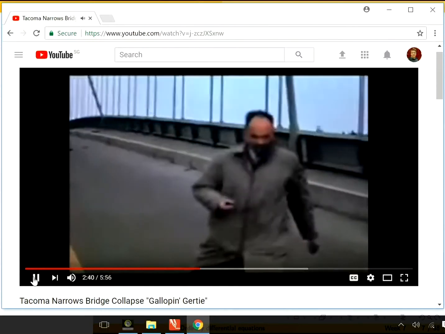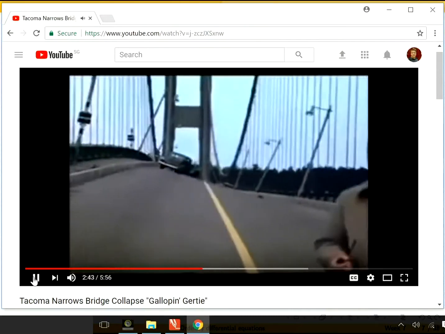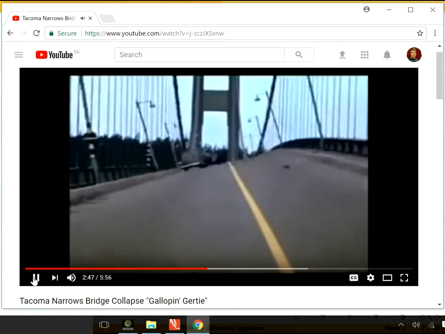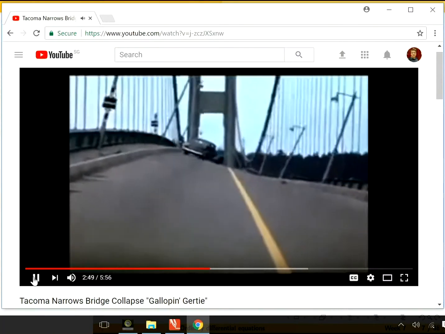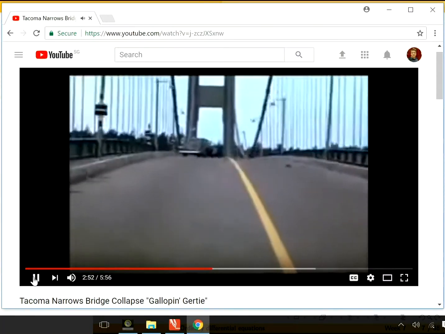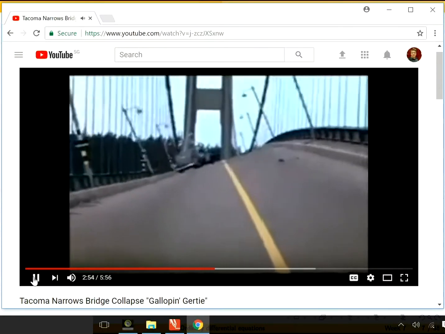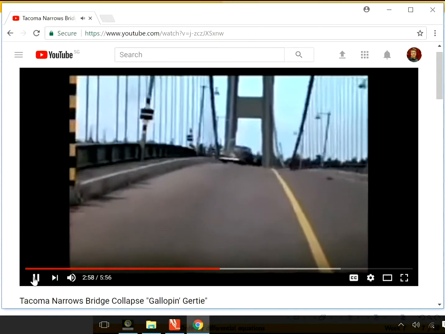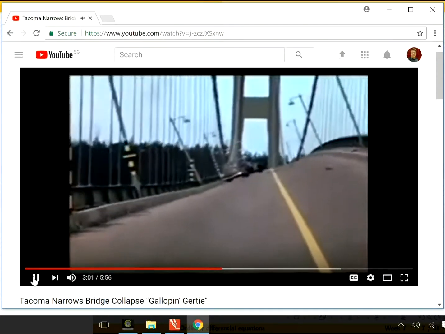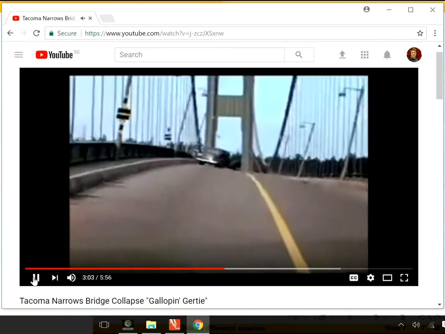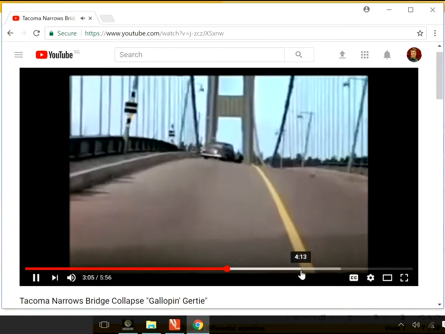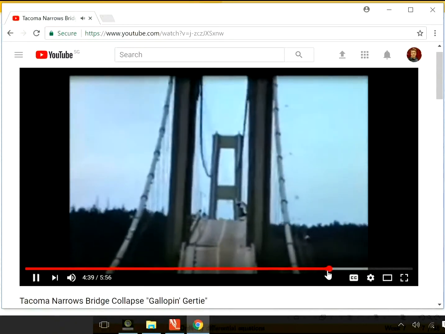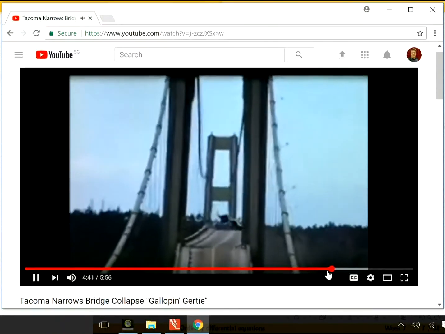A possible explanation of this phenomenon is that the natural frequency of the bridge coincided with the frequency of the wind, and it led to a resonance, and because of that, the amplitude of the oscillations increased too much, and then the bridge eventually collapsed. Anyway, you can watch the video. It's very impressive. So eventually the bridge collapses.